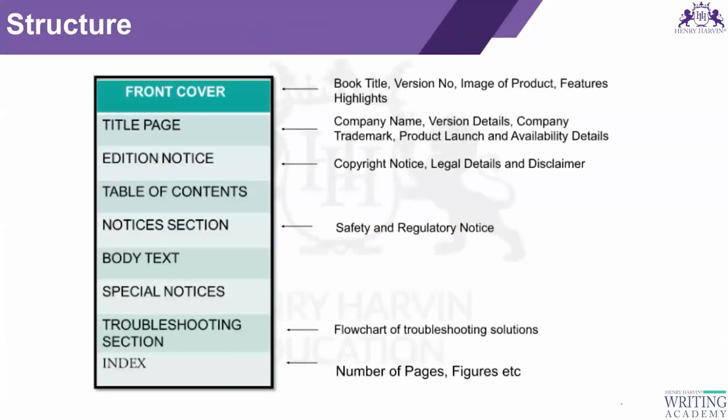Structure, yeah. If it is a hard copy, let's say a book, and for the phone, it's more like the instruction manual that I was checking out the other day.